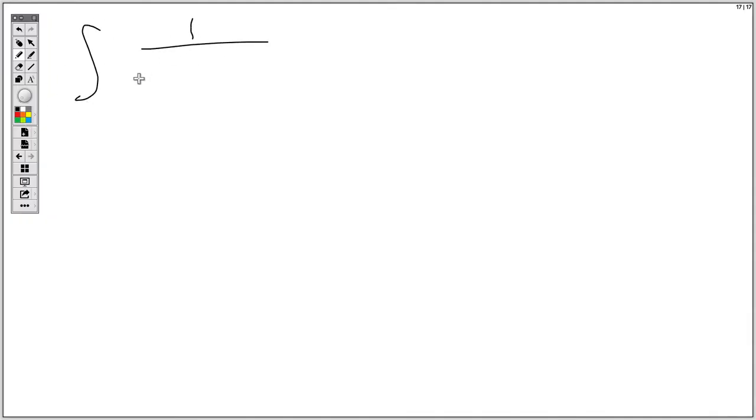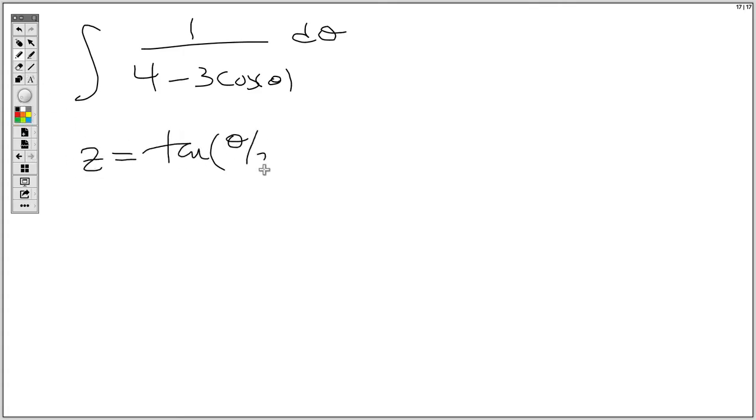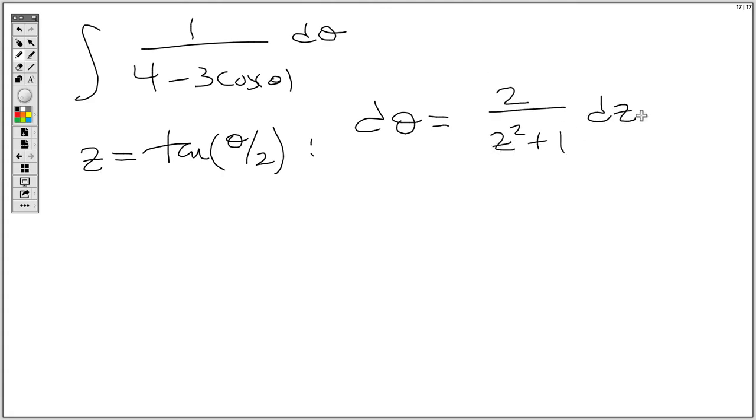We get the integral of 1 over 4 minus 3 cosine theta d theta. We're going to let z be the tangent of theta over 2. And so we're going to plug in d theta is 2 over z squared plus 1 dz.